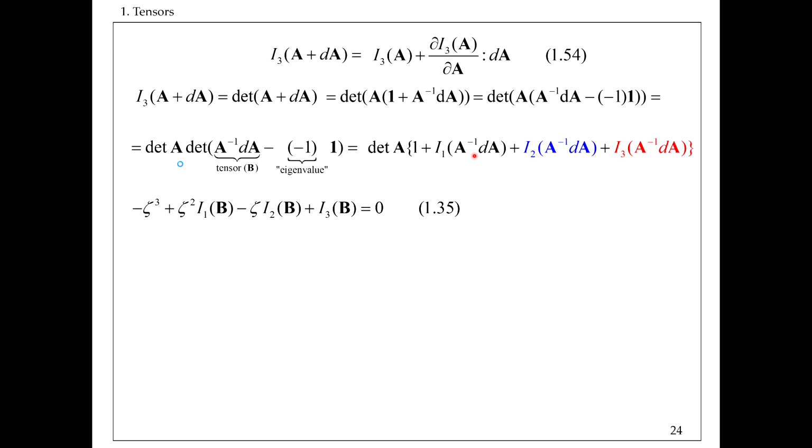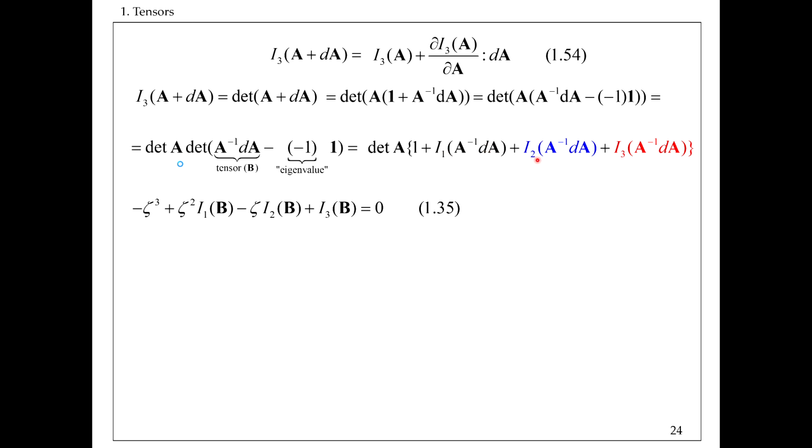Now, the first invariant is just trace A, and so we can say that this will be first order, and very similar to differential analysis, we always demand that dA is a small change, a small quantity, and so we can require it to be as small as we want, or infinitesimally small, right? And for us it's now important to determine the order of how small things are here, right? And so this one is linear in dA, right? So this is a trace.